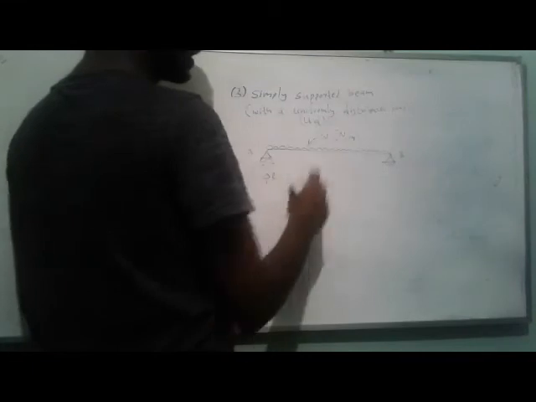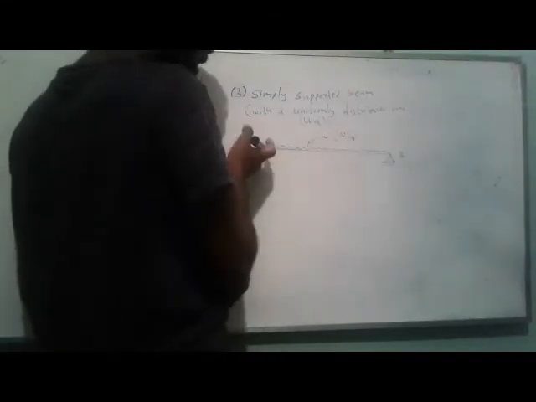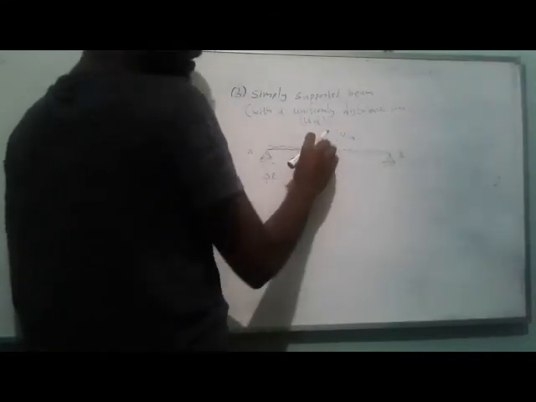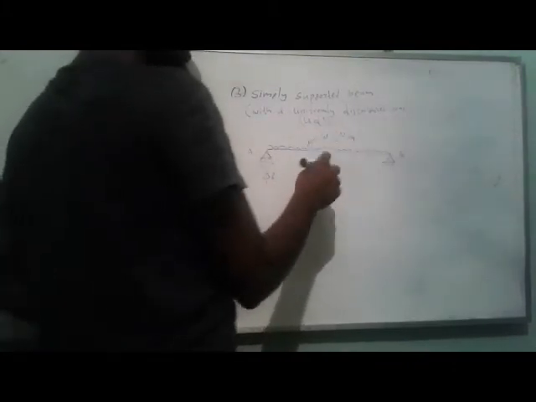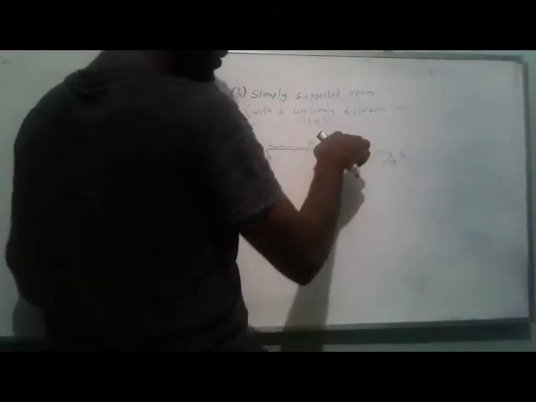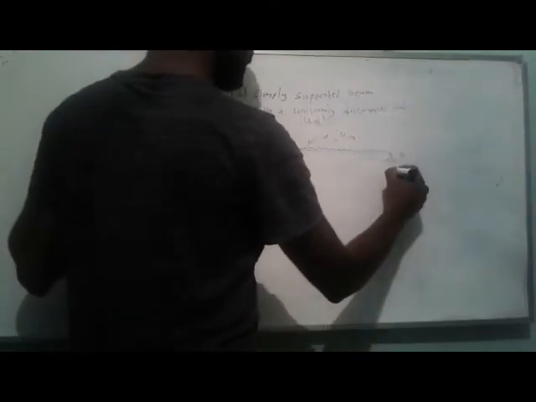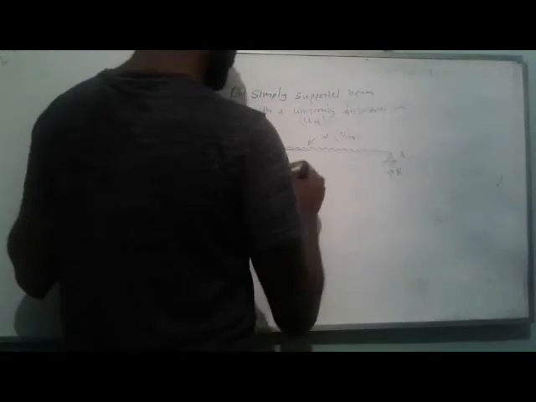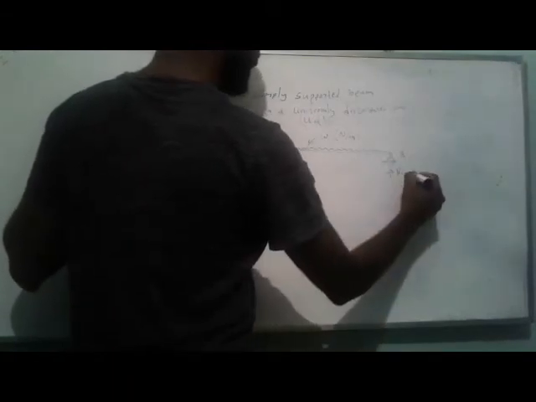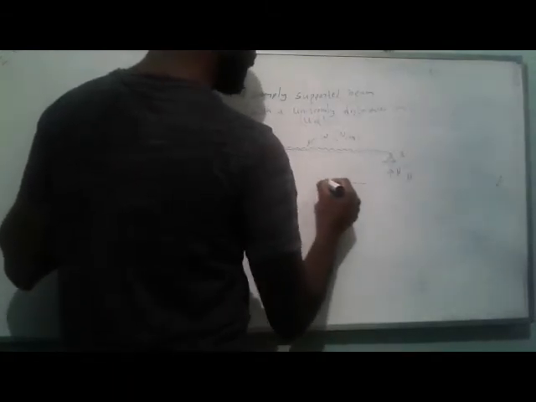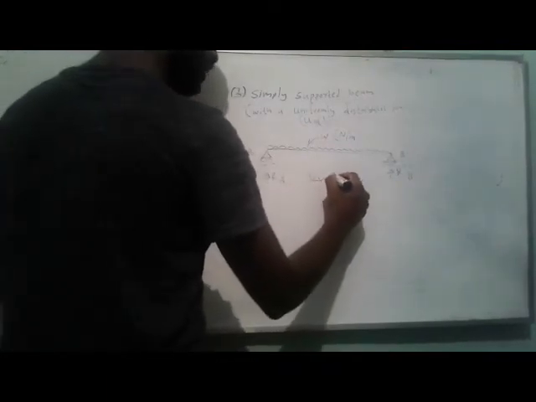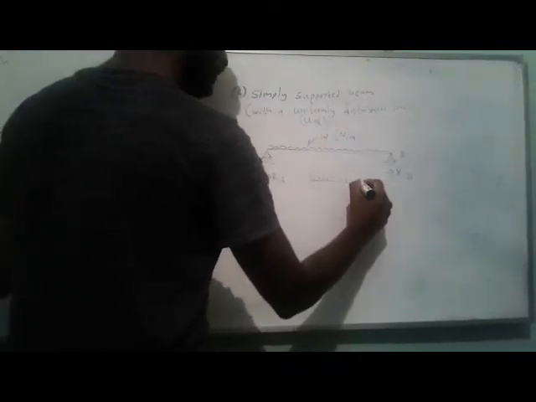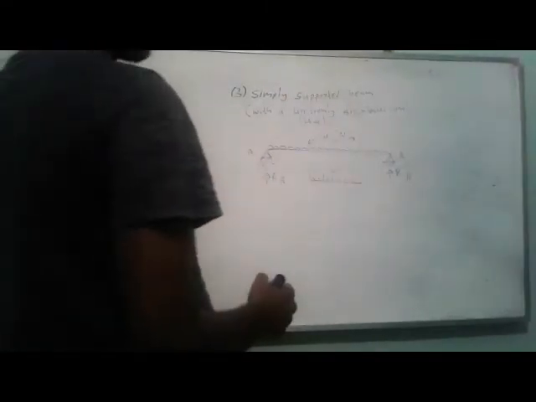That means throughout the beam, the intensity of this load is W Newton per meter. Here the reactions are RA and RB. You think that this is the beam, then this W acts in the downward direction throughout the beam like this.